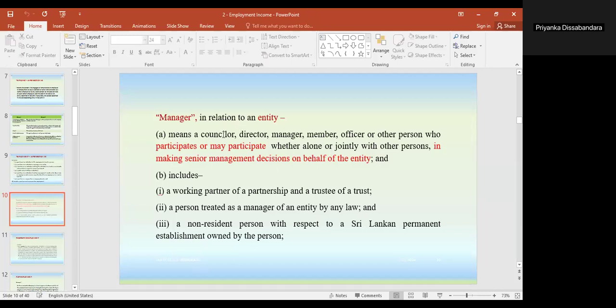For the term manager we have a specific definition. If the act does not provide a specific definition, then only we can move to the general dictionary to find out a meaning for that specific term.